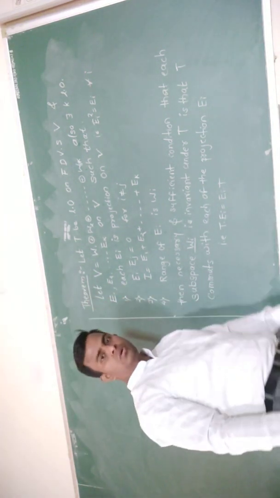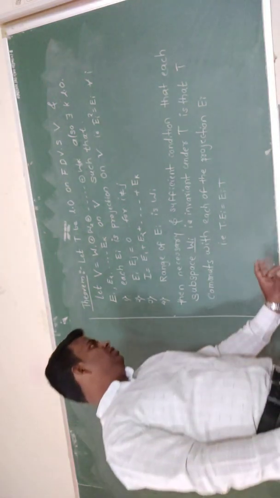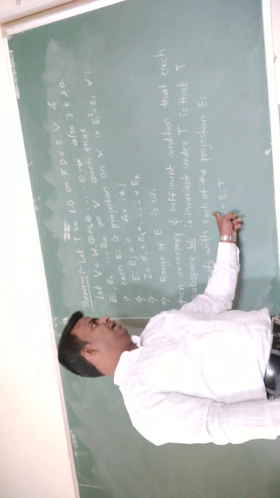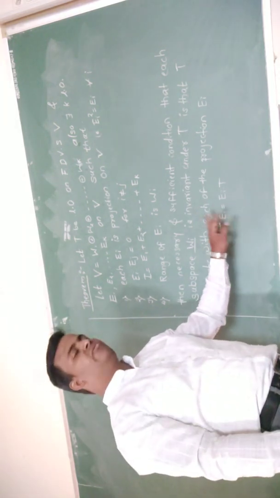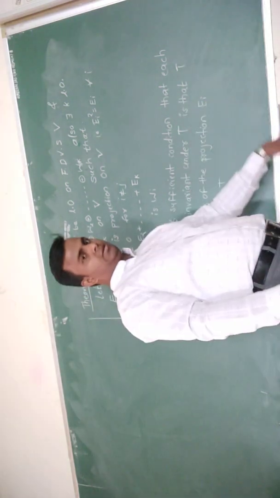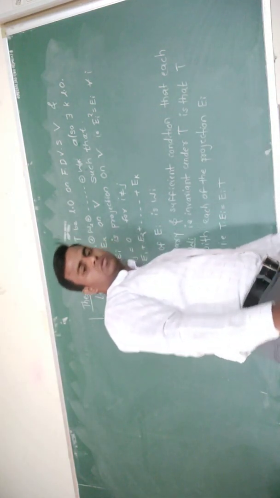First we prove the sufficient condition: assuming each Ei commutes with T, we have to prove Wi is invariant under T.